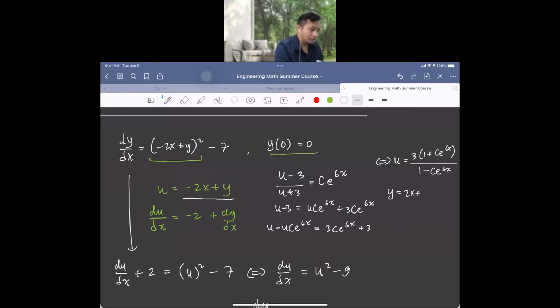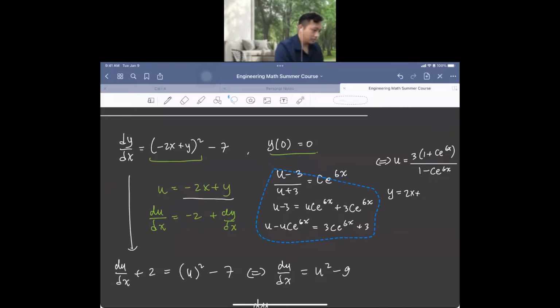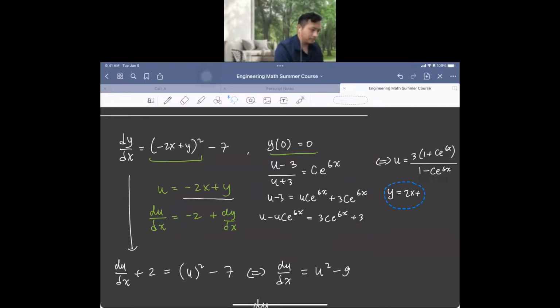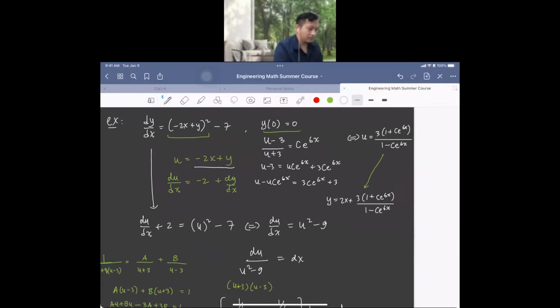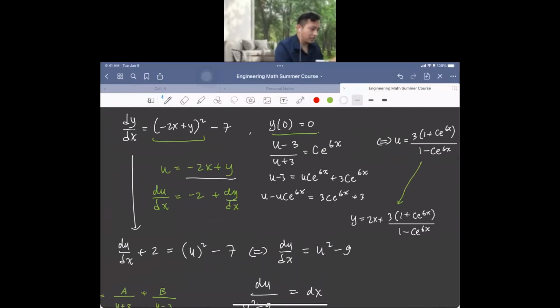So y is 2x plus all this stuff here. Now apply the initial conditions 0, 0.